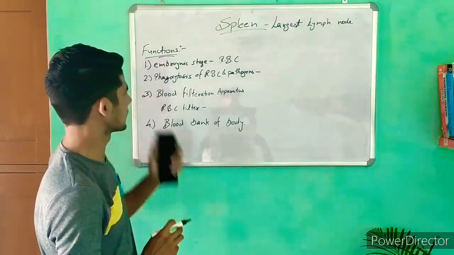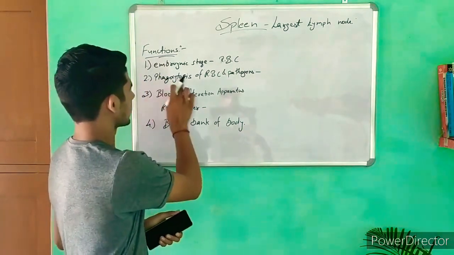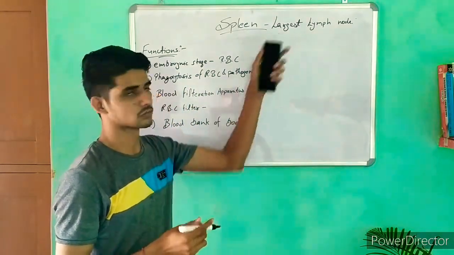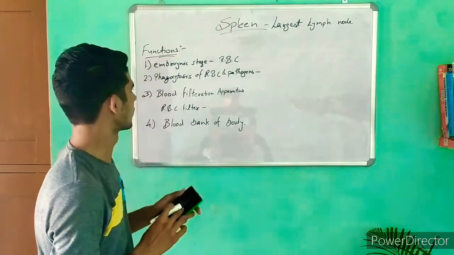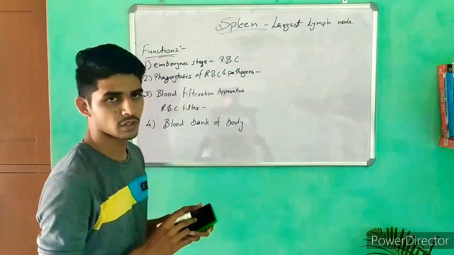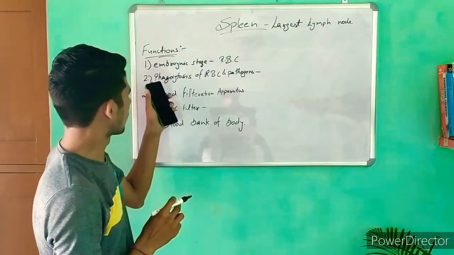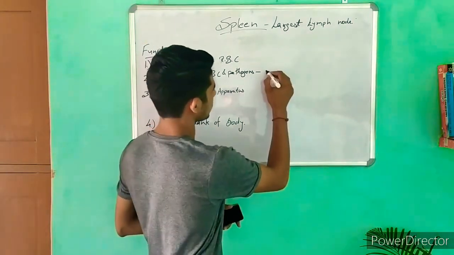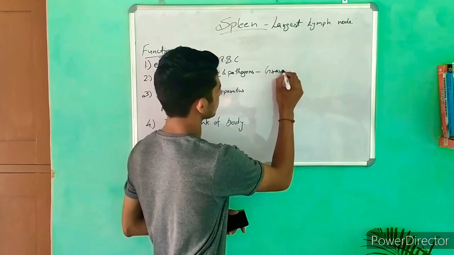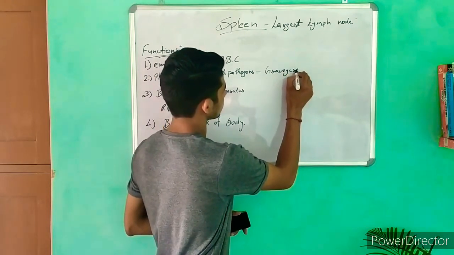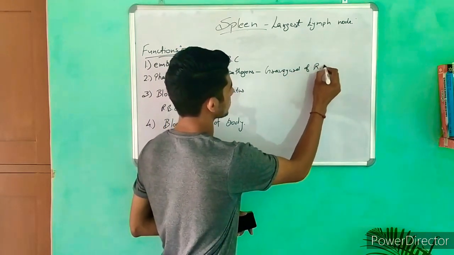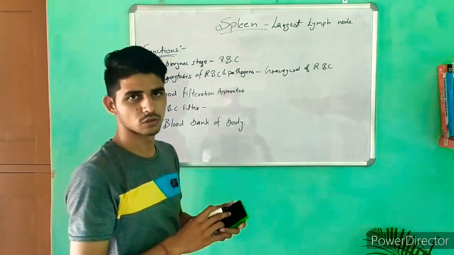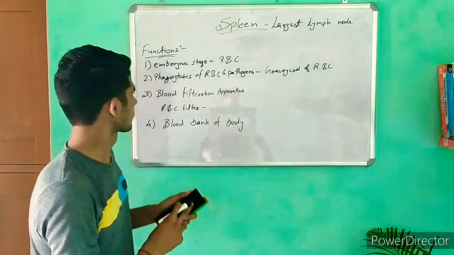And the second function is phagocytosis of RBCs and pathogens, as this is also a lymph node. Because of this phagocytosis of RBC, it is called the graveyard of RBC. This is also discussed in the last video of all about the blood.